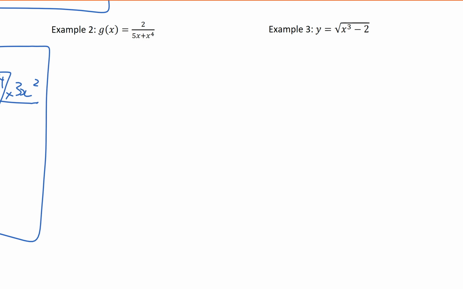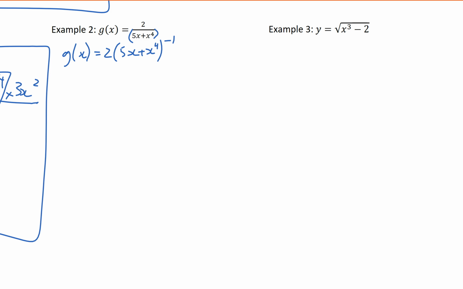This one here is next. To do this one here, what do we have to do? Put the bottom line in brackets, like that, to the power of negative 1. So g of x equals 2 times 5x plus x to the power of 4, all to the power of negative 1. It's different to the ones yesterday because that was just 1 over x. This is everything in the bracket becomes the power of negative 1.